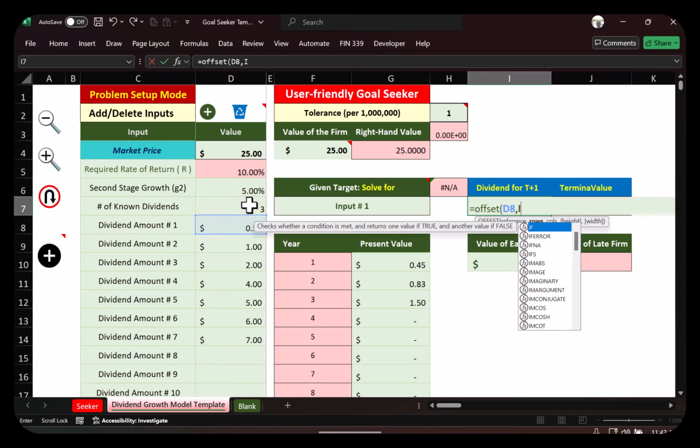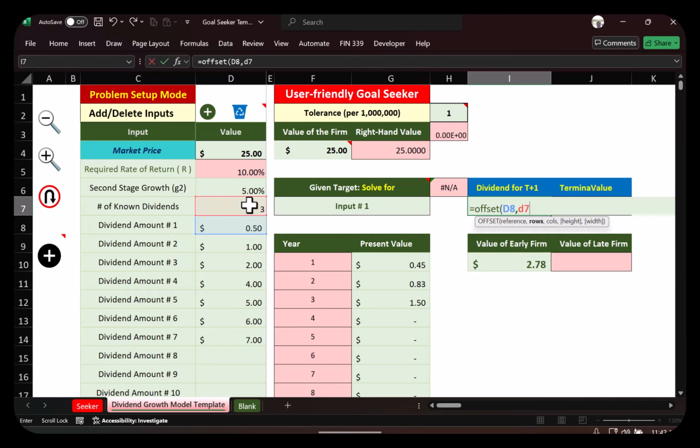Actually, instead of that, I'm going to refer to D37. I don't want to offset any columns. The last two are optional arguments that you don't need to know, at least for the purposes of this class. This basically says go find the first dividend amount and go down by t minus 1 rows, and grab that number. That's precisely what I wanted.